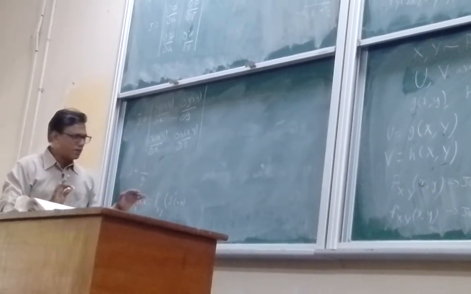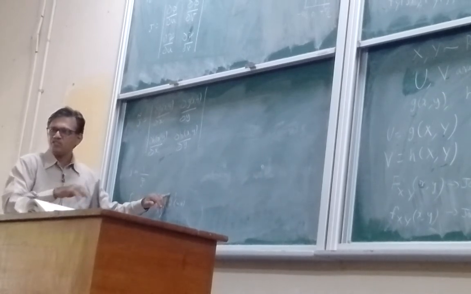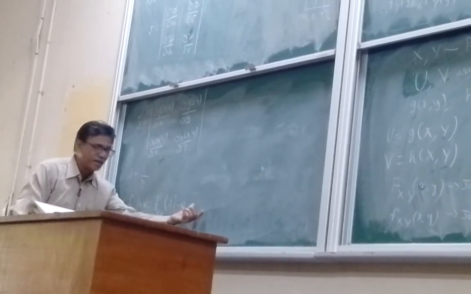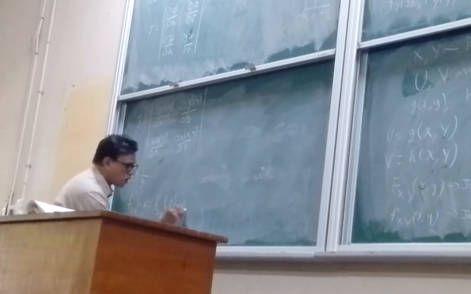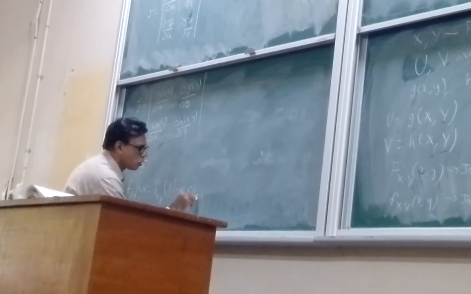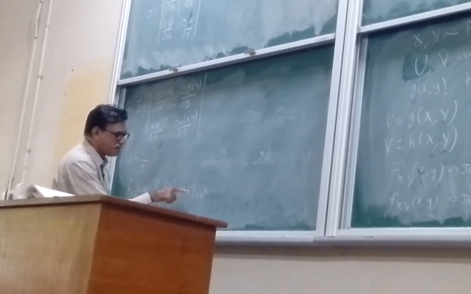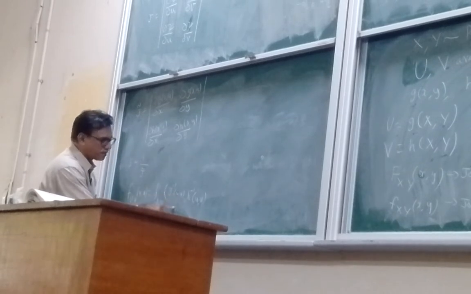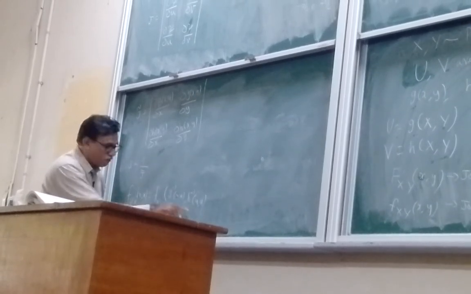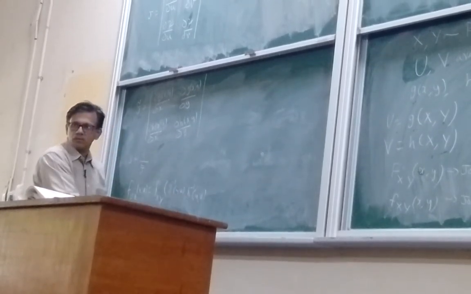But if you have two variables, I am not very comfortable writing G inverse, because together it is dependent upon both. If you want, you can also put H inverse of (u, v). By that, what we mean is, this will give me x and this will give me y, for these two u, v.